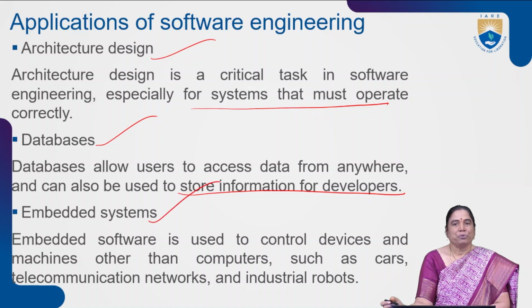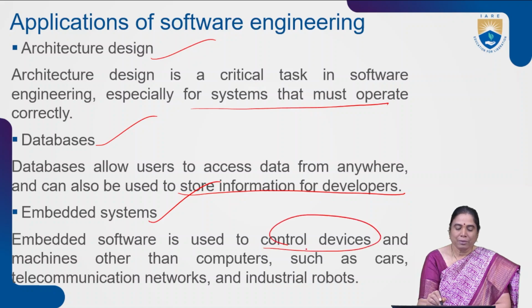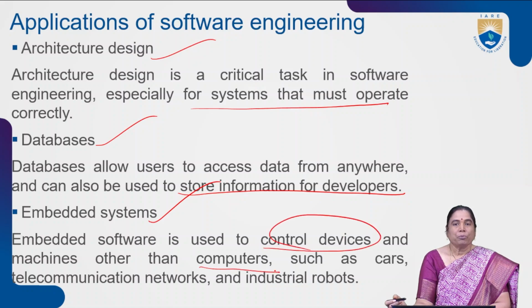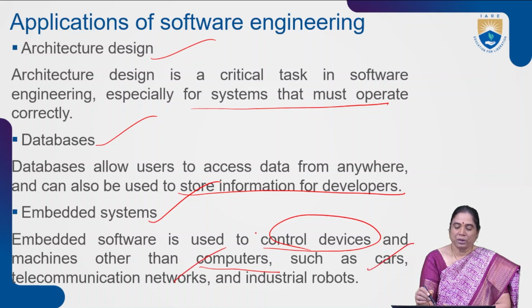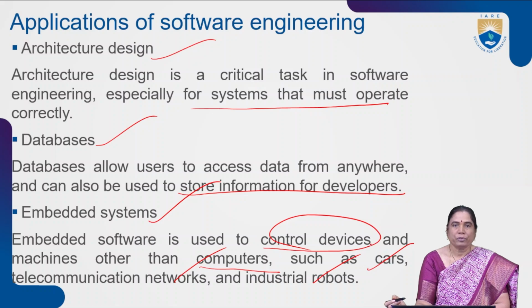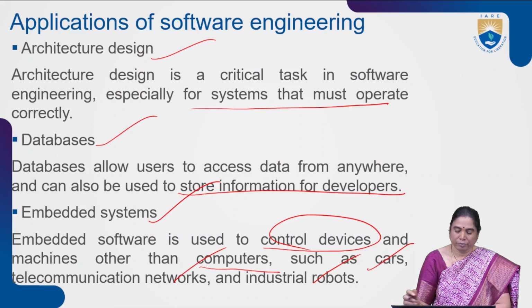Embedded software is used to control devices and machines other than computers, such as automated cars, telecommunication networks, industrial robots, washing machines, and microwave ovens. In these circuits, the software code is used to control these devices.